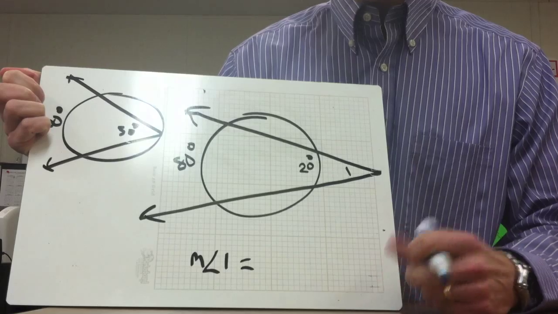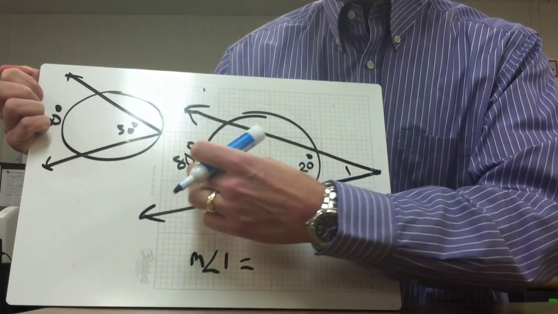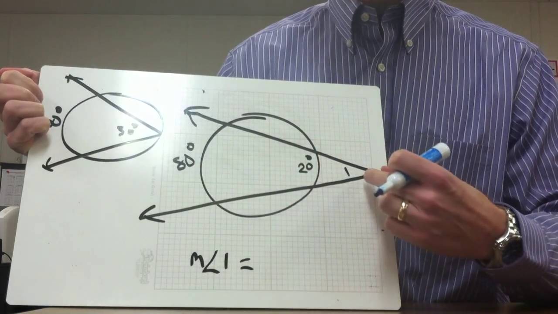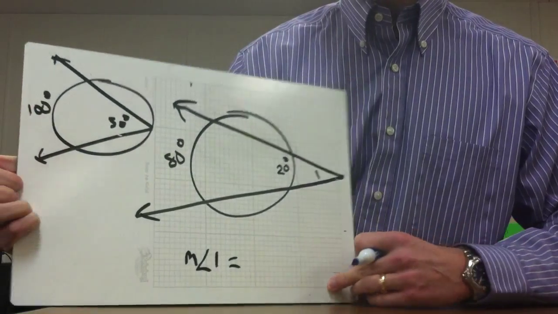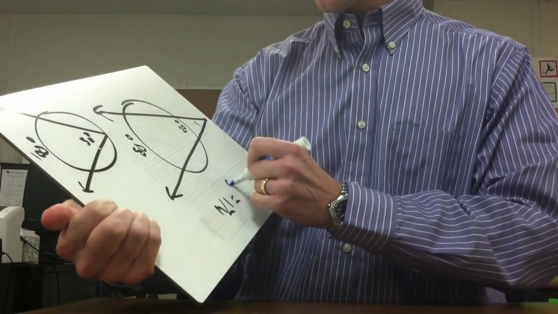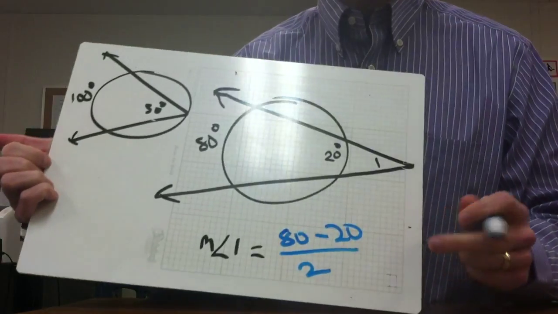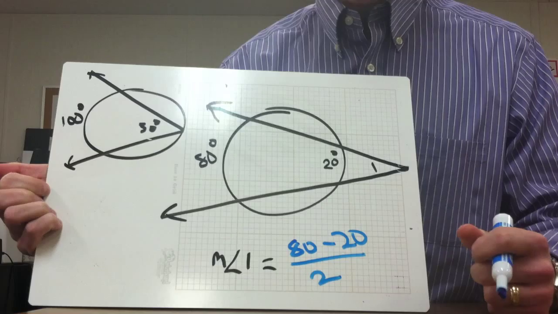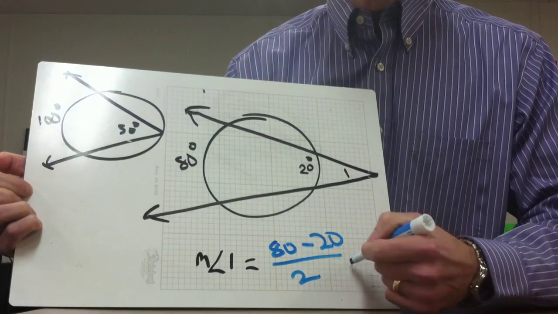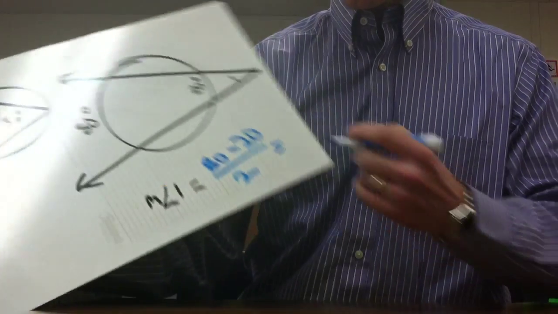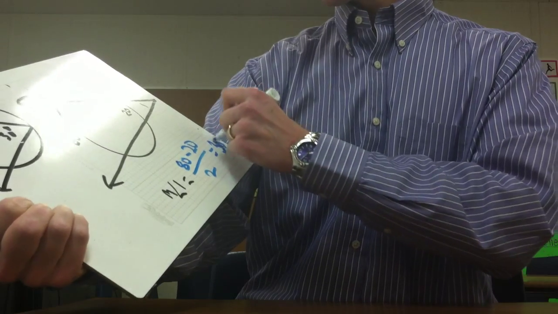The rule, and these are actually theorems, is you subtract the two intercepted arcs and take half. So 80 minus 20 is 60, and half of that is 30 degrees. So the measurement of angle 1 would be 30 degrees.